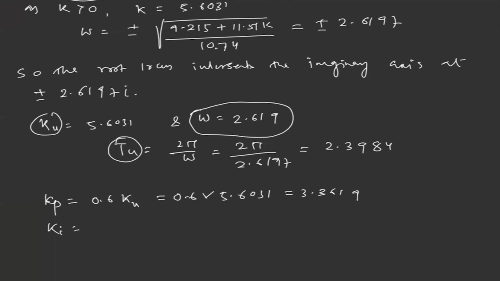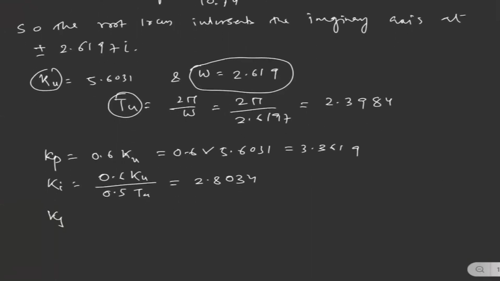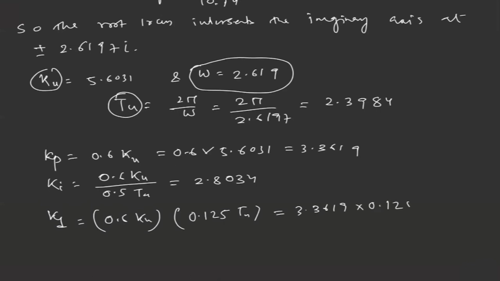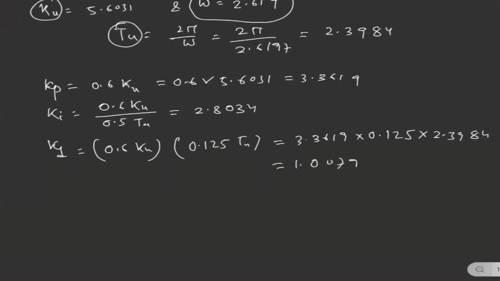The integral gain Ki is 0.6 Ku divided by 0.5 Tu, which is 2.8034, and Kd you can write 0.6 Ku into 0.125 Tu, which is 3.3619 into 0.125 into 2.3984, which is 1.0079. So these are the gains for the PID control.